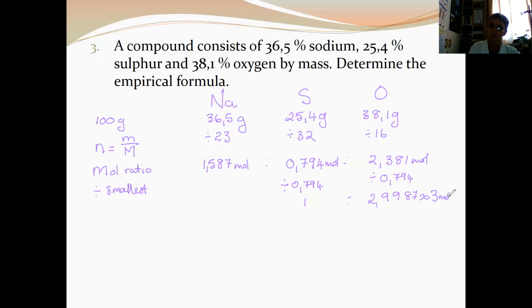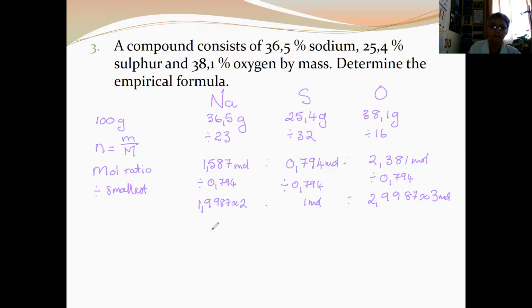So 3 moles to 1 mole, and the last one, 1.587 divided by 0.794 would give me, I think it should be 2. 1.9987, which is rounded up to 2.